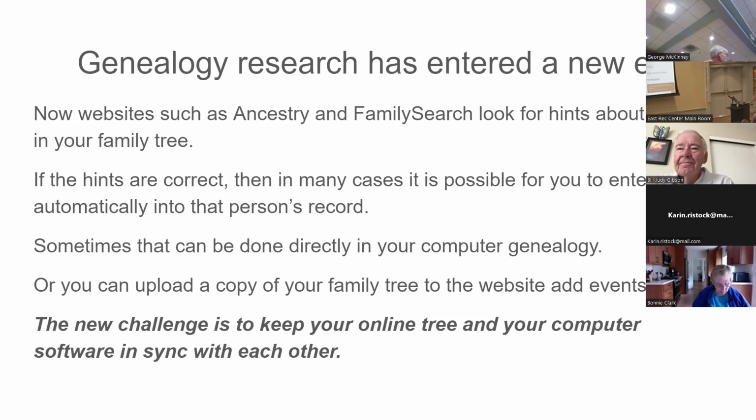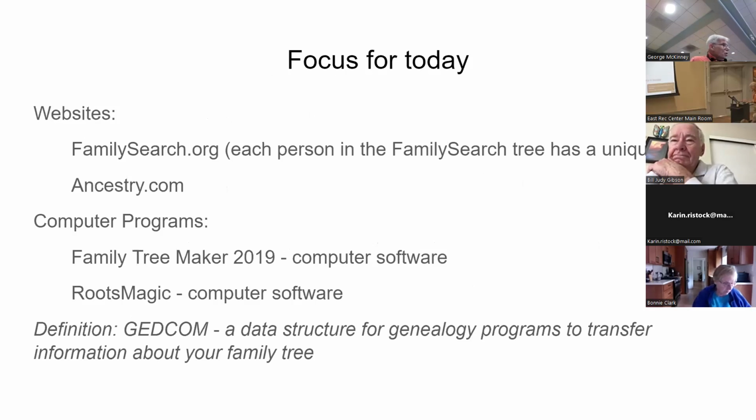But you still have the problem: how do you make these two things be the same, and what's the easiest way to do it? So what I'm going to do today is focus first on the two most productive websites, FamilySearch and Ancestry.